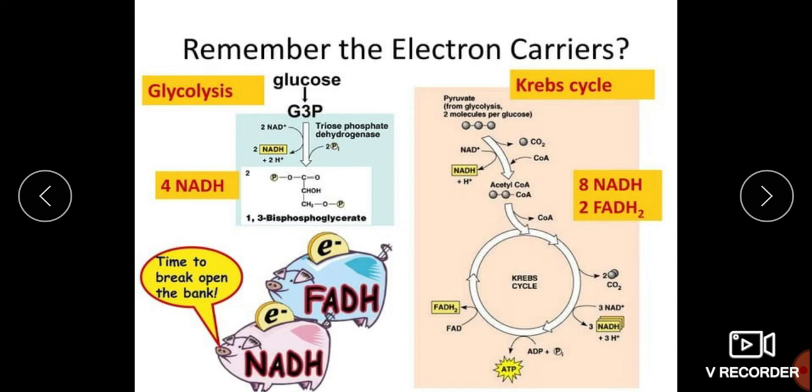So here are some steps. We know that there is one step where glyceraldehyde 3-phosphate gets dehydrogenated to 1,3-diphosphoglycerate, and this is a dehydrogenation reaction where a hydrogen molecule is released.